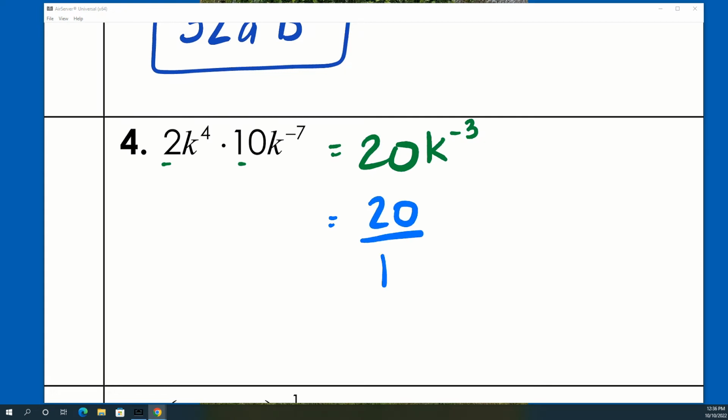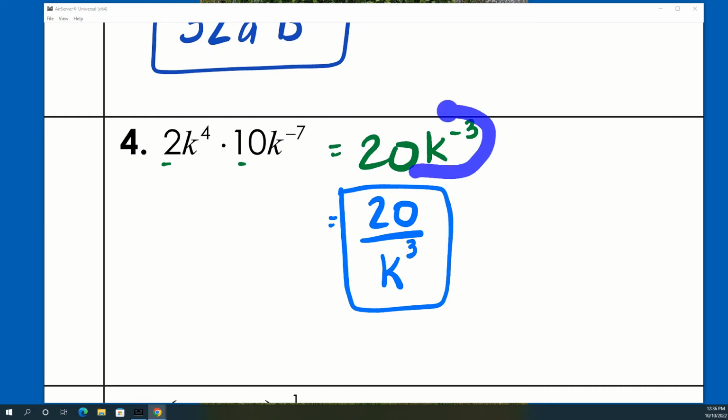The k is moved to the bottom, and it becomes a positive 3. Only the k has the negative exponent, and because it's negative, we can move it to the bottom and make it positive.